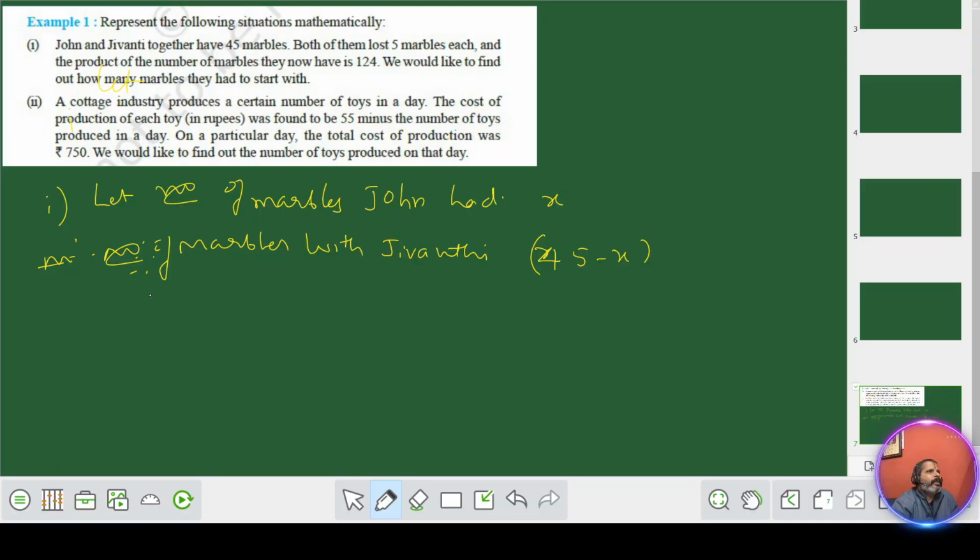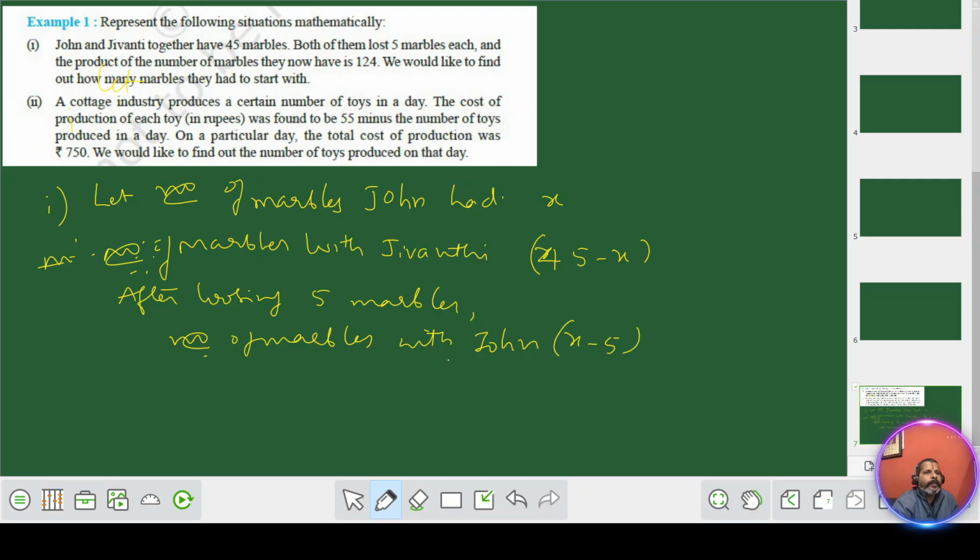Okay. Now, see, 5 marbles they lost. So after losing 5 marbles, we have to get the count again. Number of marbles with John is x minus 5. Same number of marbles with Jivanti is 45 minus x minus 5, that is 40 minus x.